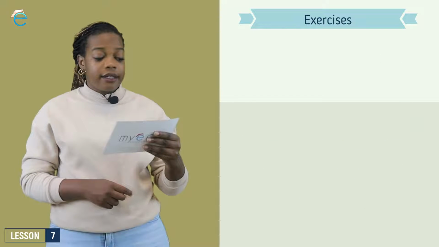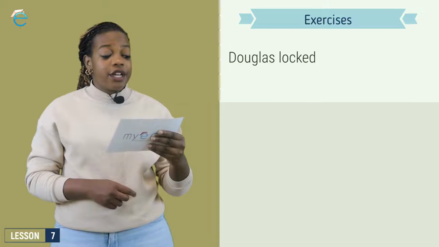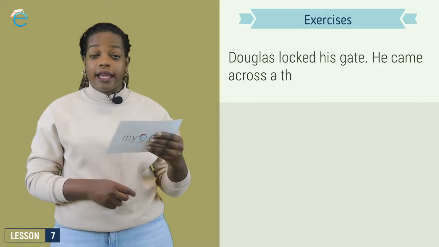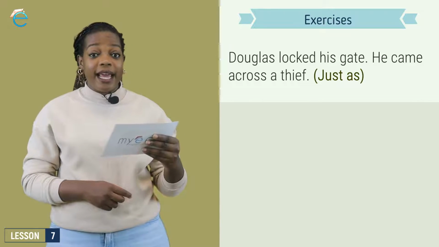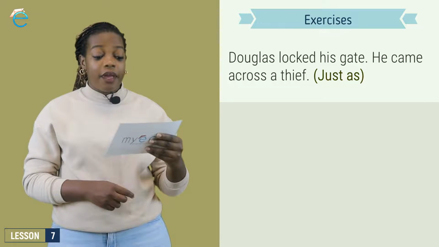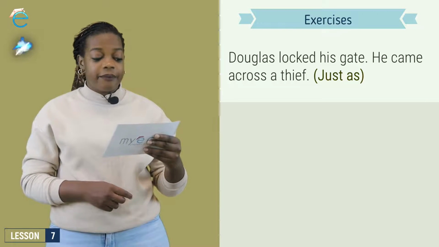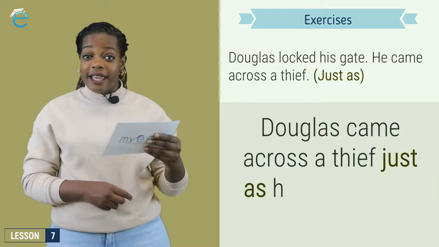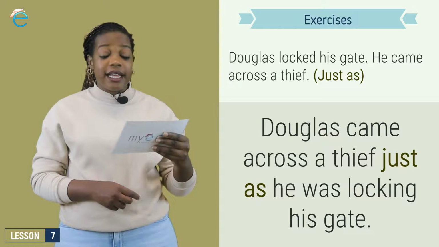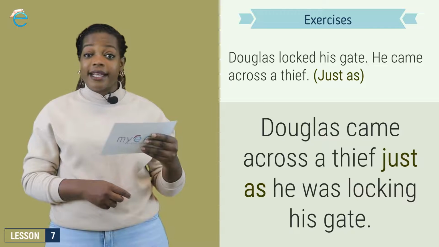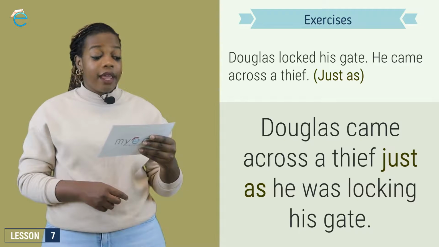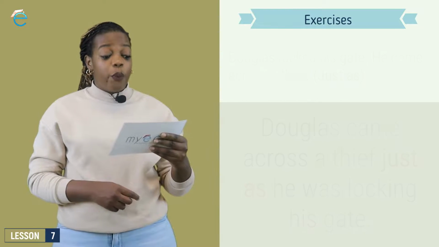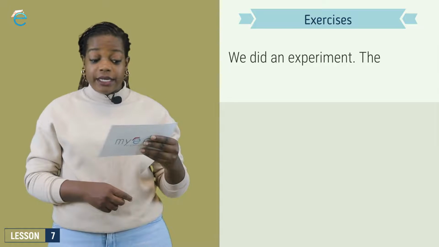Number 8, Douglas locked his gate. He came across a thief, just as. Douglas came across a thief just as he was locking his gate. Number 9, we did an experiment.